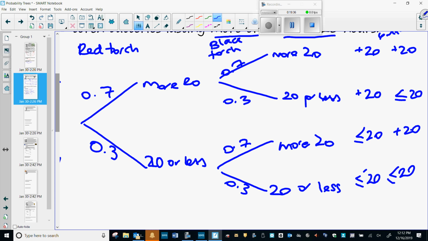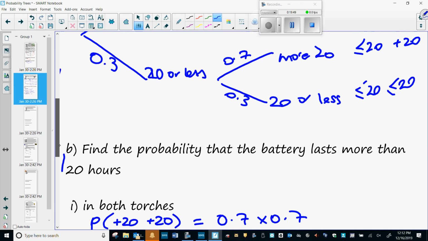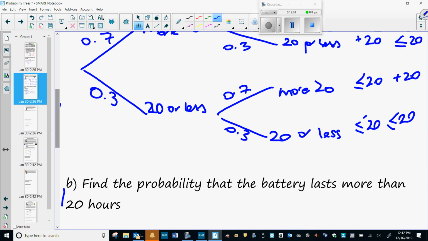Now, the other way is that if you haven't been asked to find those other ones already, and you don't want to find the multiples and add them all together, you can say, well, if I want at least one of the torches to be more than 20, it means that I'm interested in everything other than that.